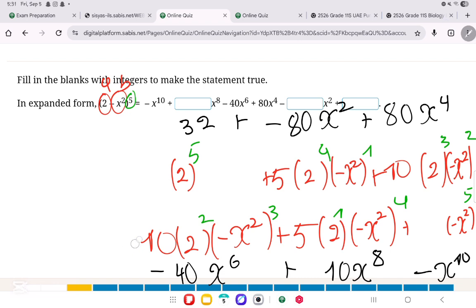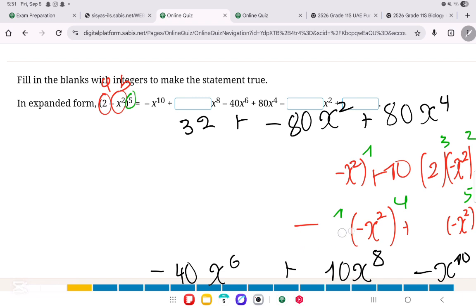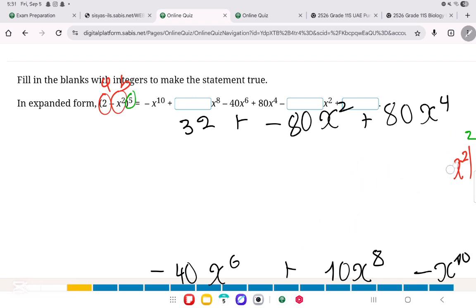So what is the final answer? Let's erase everything in the middle. Our final answer is 32 minus 80x squared plus 80x to the power of 4 minus 40x to the power of 6 plus 10x to the power of 8 minus x to the power of 10.